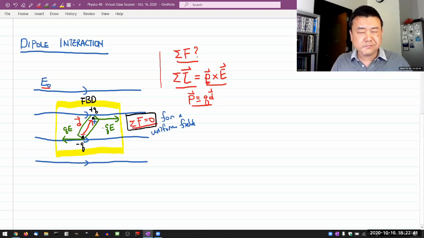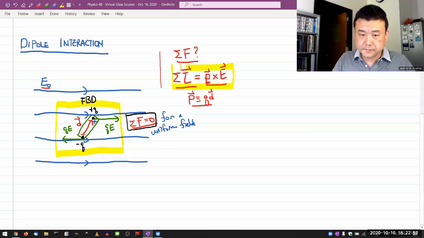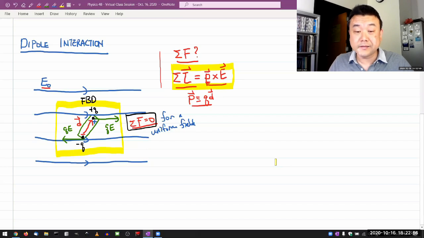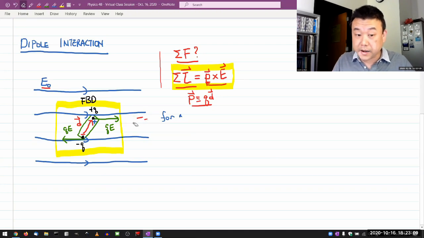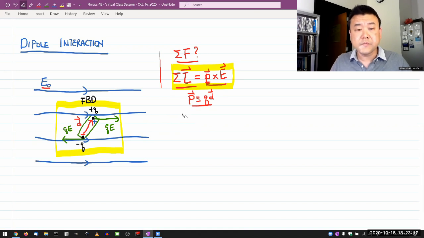Second to last thing to talk about with the dipole interaction: when you have a torque on an object, this torque can do work. And when torque does work, that'll result in a change of energy. Work done by torque on a dipole will result in energy being stored in that dipole and field arrangement.